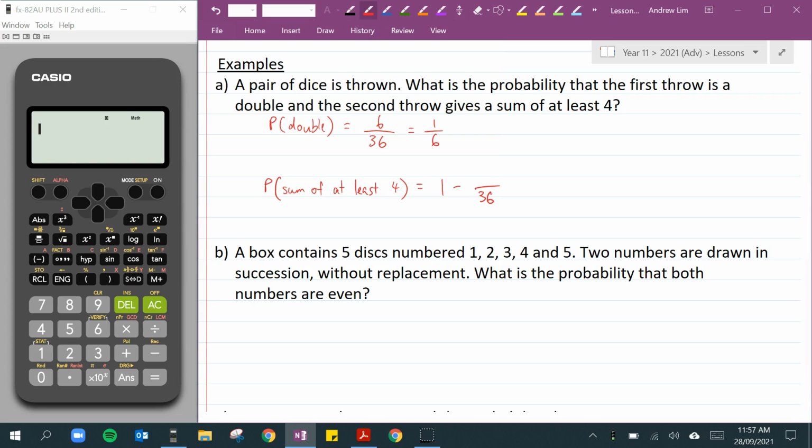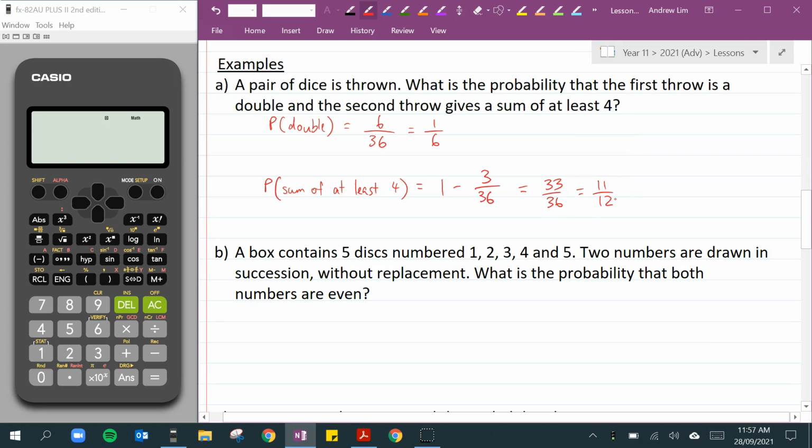We could get 1 and 1, that adds to 2. Or 1 and 2, that adds to 3. Or 2 and 1, which also adds to 3. Everything else will add to 4 or more, which is what at least 4 means. So 3 of them add to less than 4, and 1 minus 3 over 36 is 33 out of 36, which is 11 over 12.